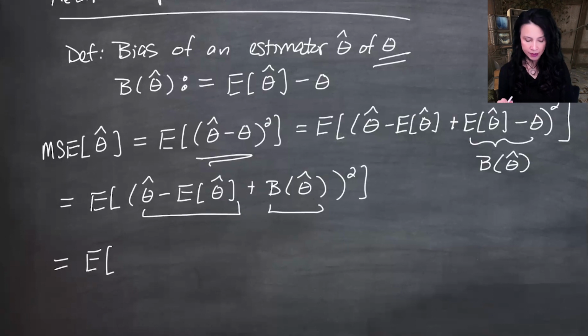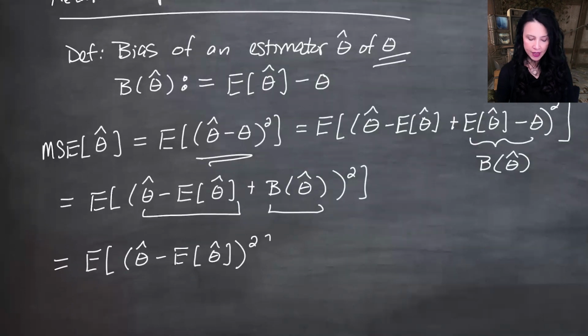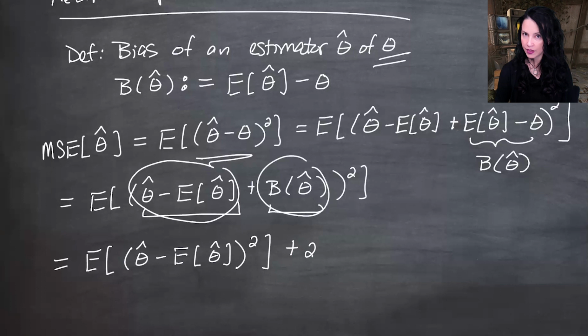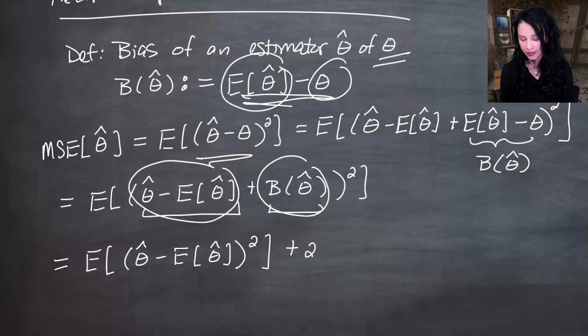So let me know if this doesn't make sense. I will get the expected value of theta hat minus the expected value of theta hat, all of that squared. The next term, I'm going to get 2, I'm just squaring something, the expected value of this times this. That bias that I just circled is non-random. Up here, you can see this is a number and this is a number because we've averaged out the randomness from theta hat.